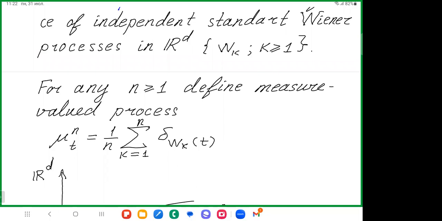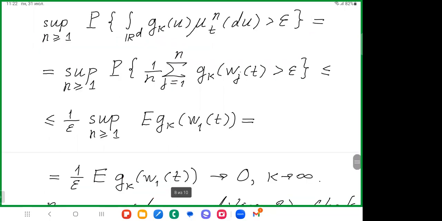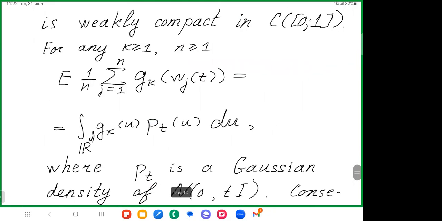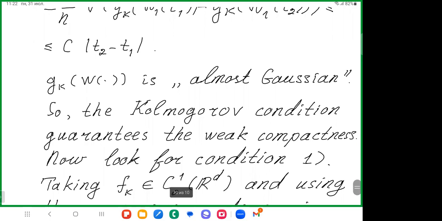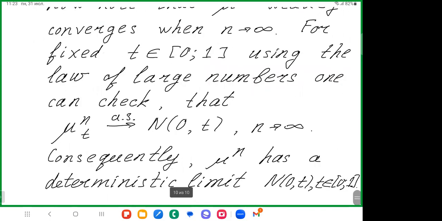So let me make a résumé of what we did in this lecture today. We prepared some tools for discussing random measures and random measure-valued processes as elements of a complete separable space of measures with the Wasserstein distance.